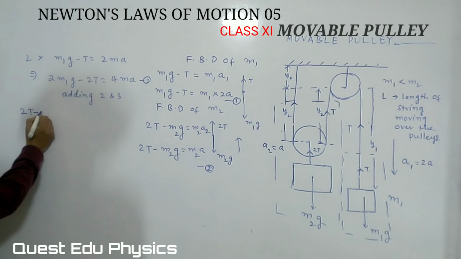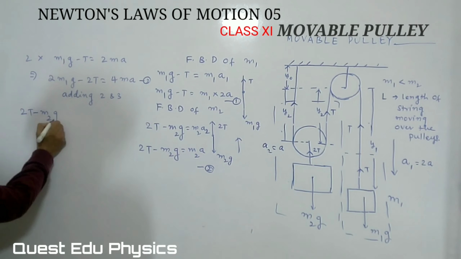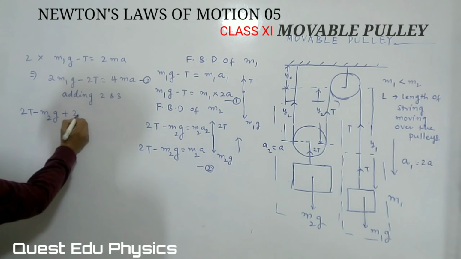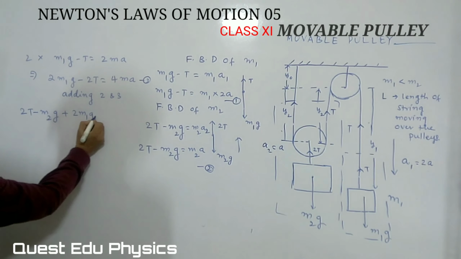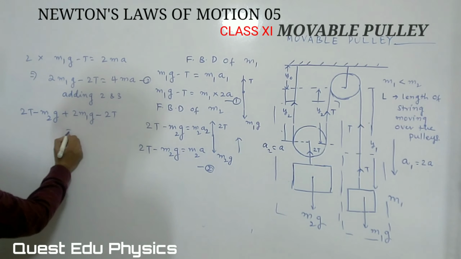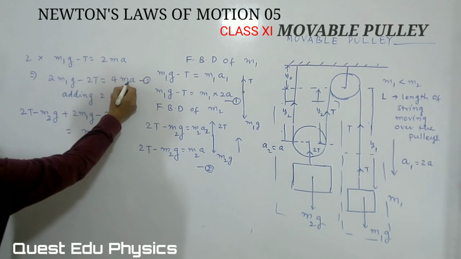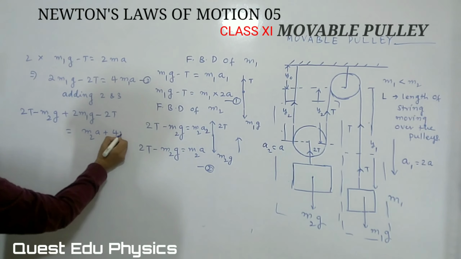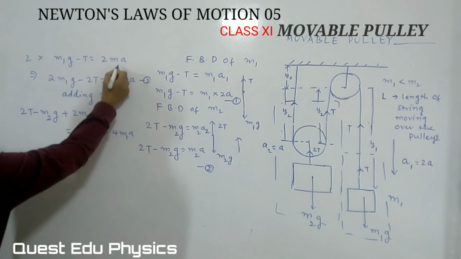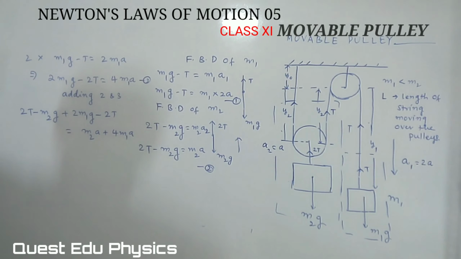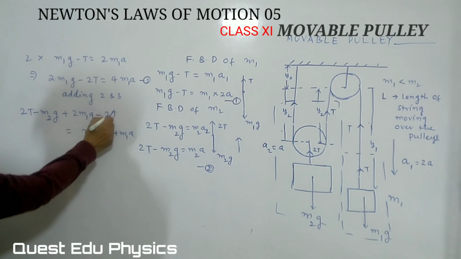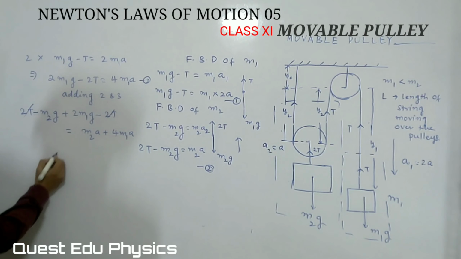2T minus M2G plus 2M1G minus 2T is equal to M2A plus 4M1A. Isn't it, students? Then what you get? Here T gets cancelled.